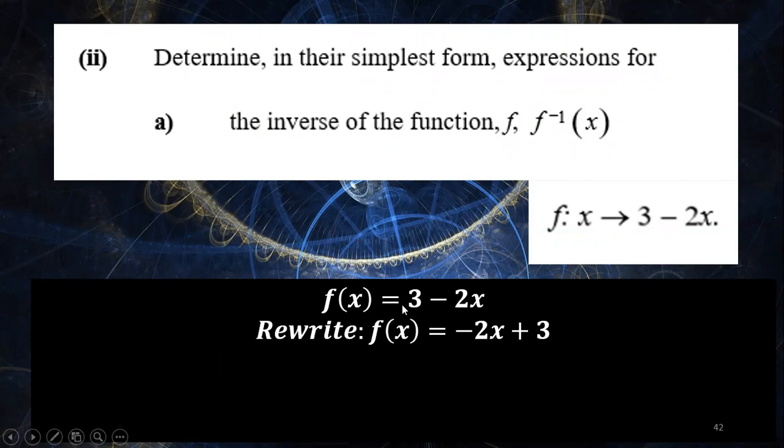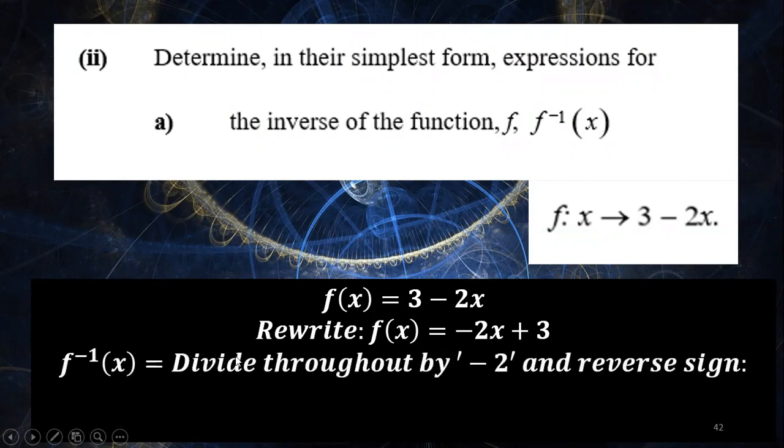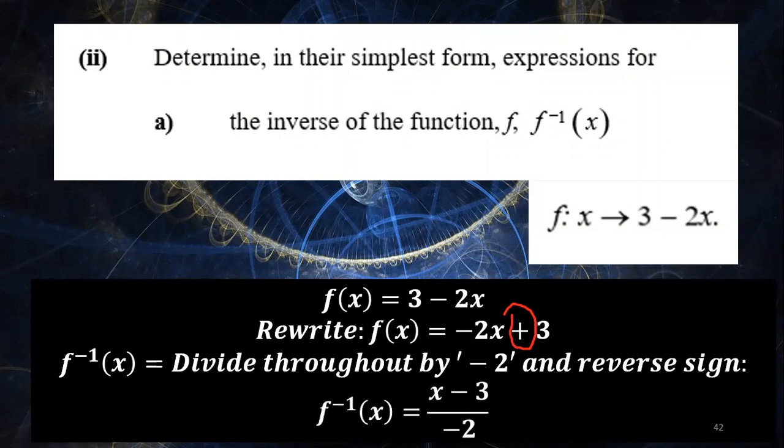It's going to be division. So we can divide throughout by negative 2 and reverse this sign from a plus to a negative, and we will get the answer as well. And lo and behold, we got the very same answers as before.